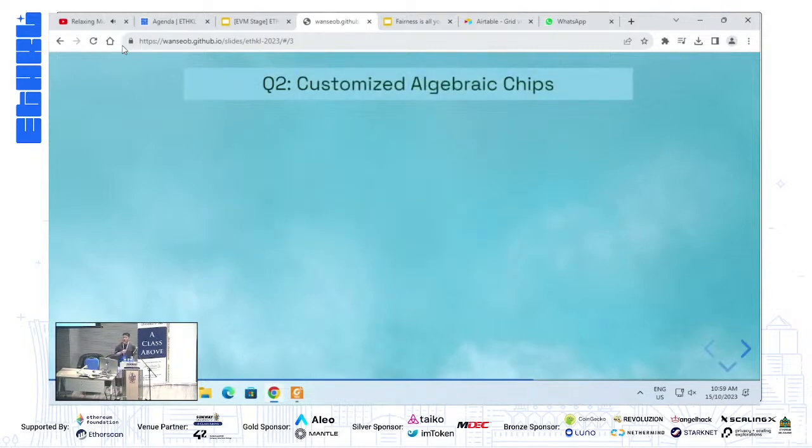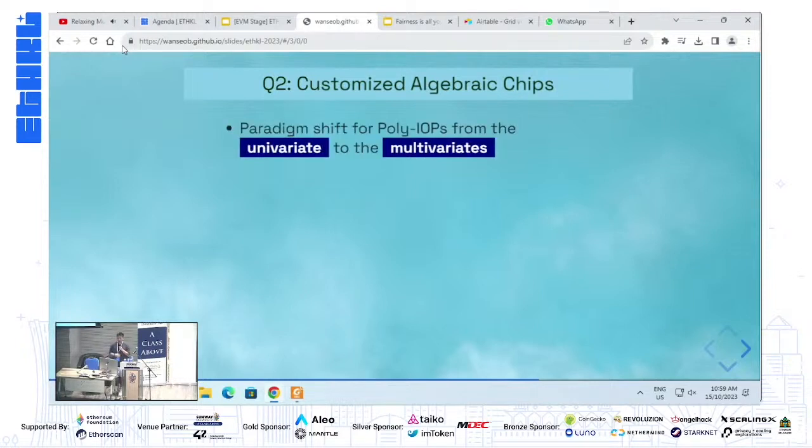And the second question is about the customized algebraic chip. It's related to the recent improvements in the lookup argument. First of all, as I mentioned at the panel discussion, there was a huge paradigm shift for polynomial IOPs from the univariate setup to a multivariate setup. The most difficult thing for the univariate setup is that if you have a very, very big relationship, then you need a very, very high degree polynomial.